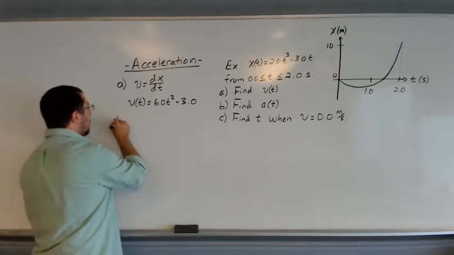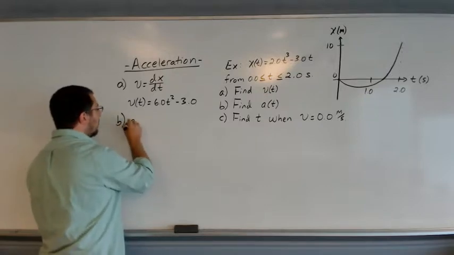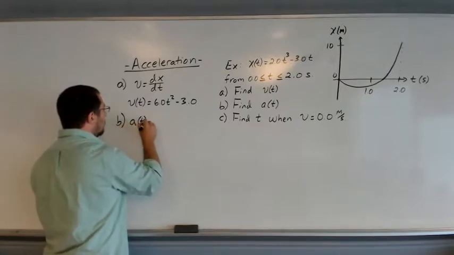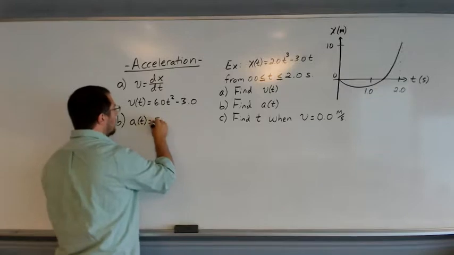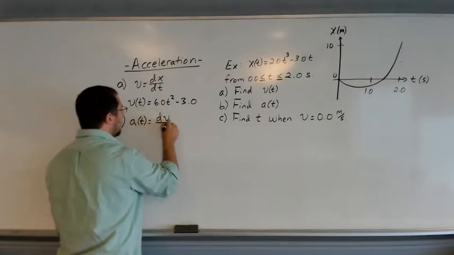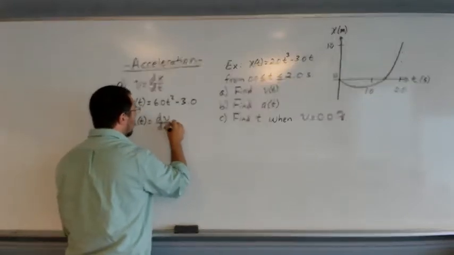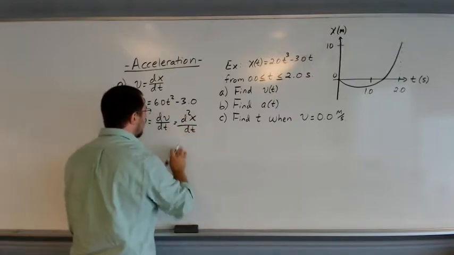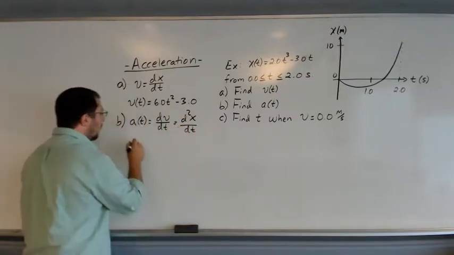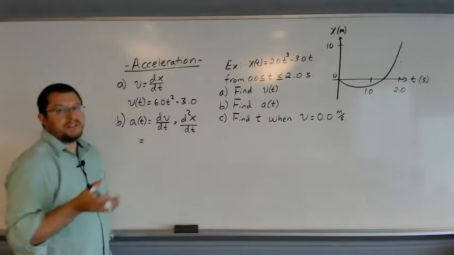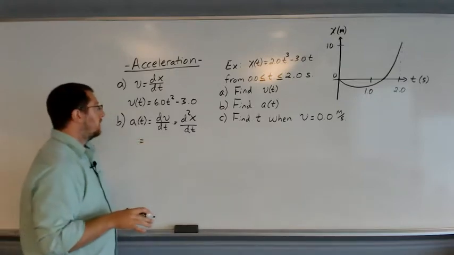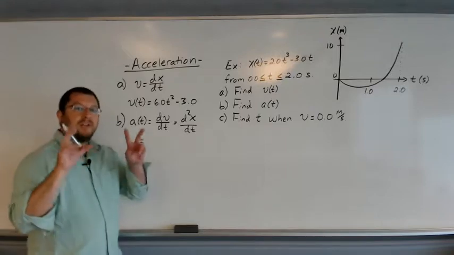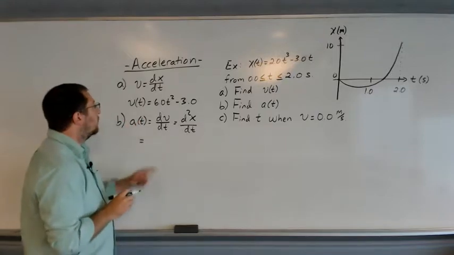What about my acceleration? Well, remember, acceleration is dv/dt or d squared x/dt squared. And of course, in this situation, either one is going to get you to the promised land, so to speak.